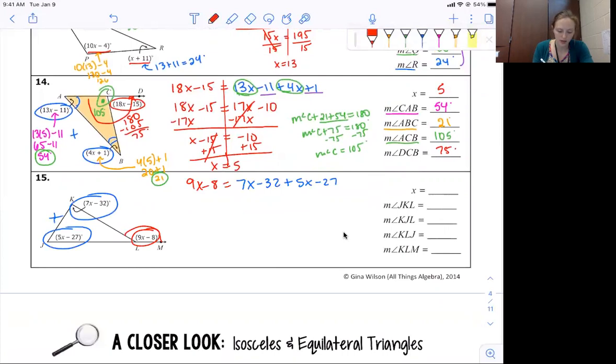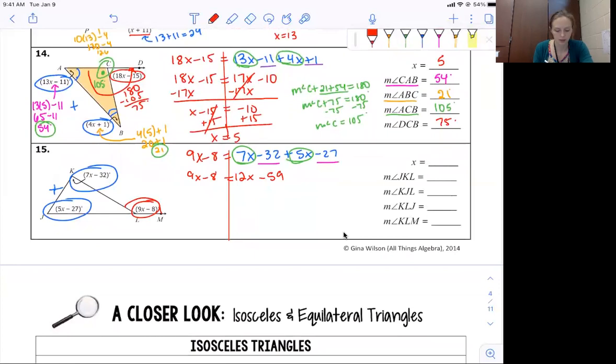And then I solve for x. So on the right-hand side, I combine like terms first. 7x plus 5x gives me 12x. And then negative 32 minus 27 is negative 59. And on the other side, I still have that 9x minus 8.